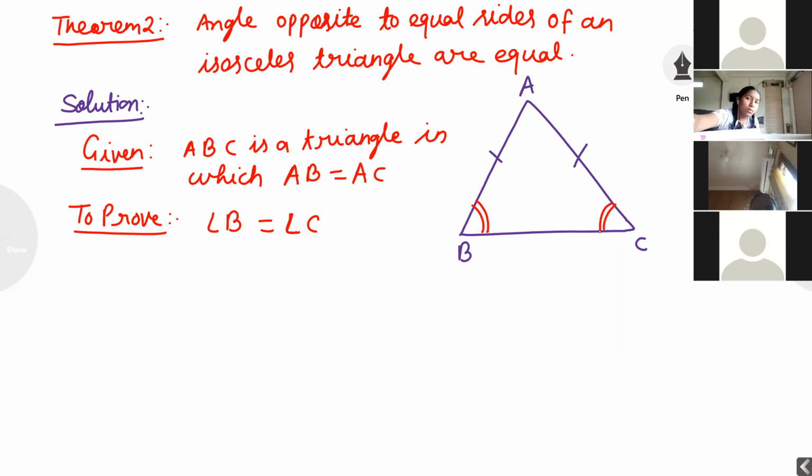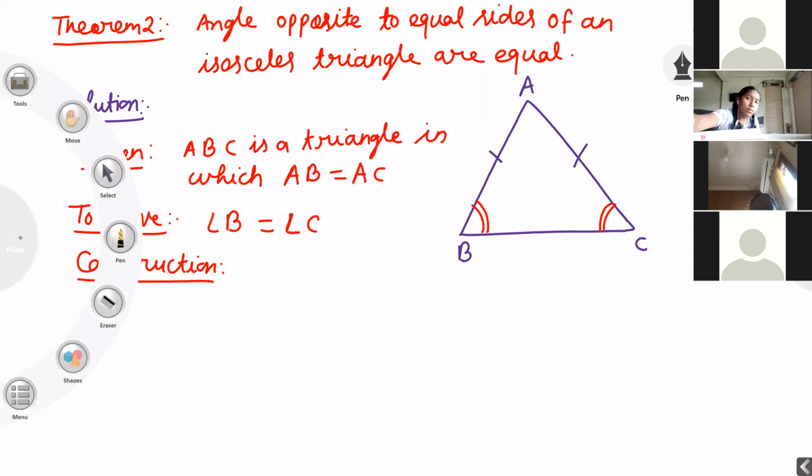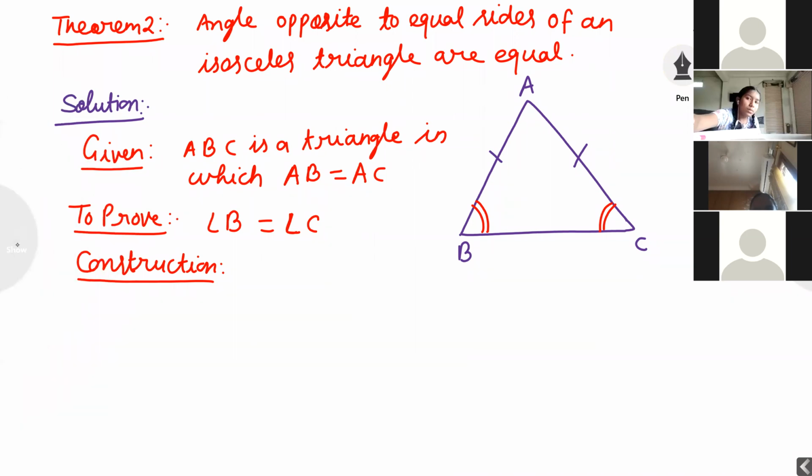Now I want to do one construction. I want to draw one perpendicular line. We can say AD is the bisector line. This point is D.